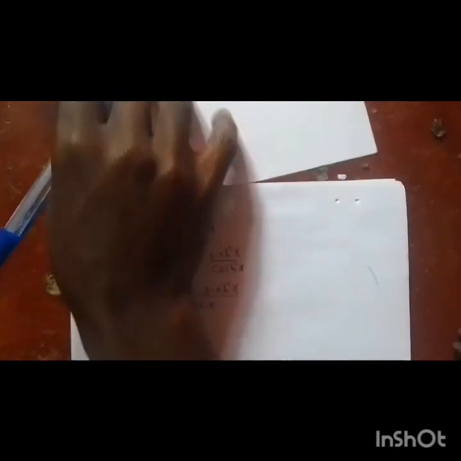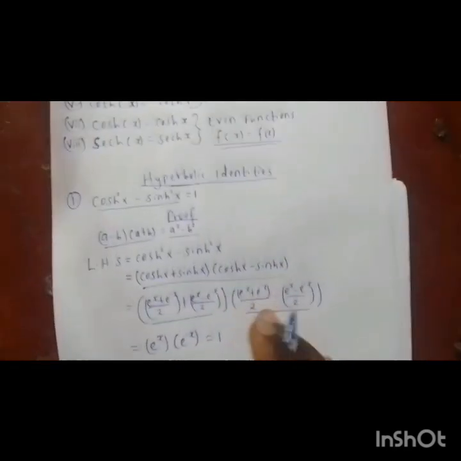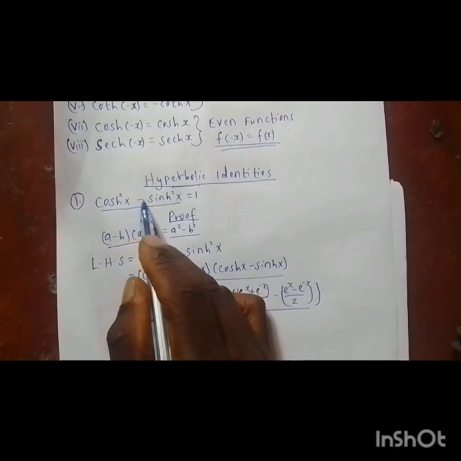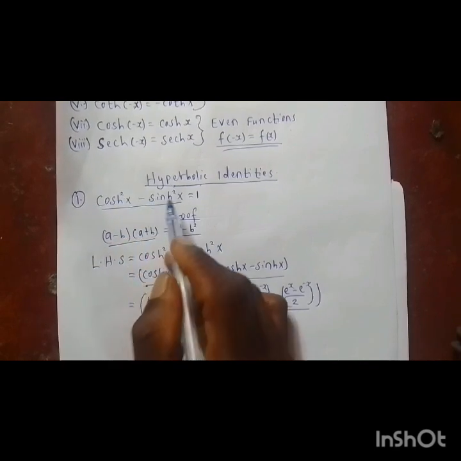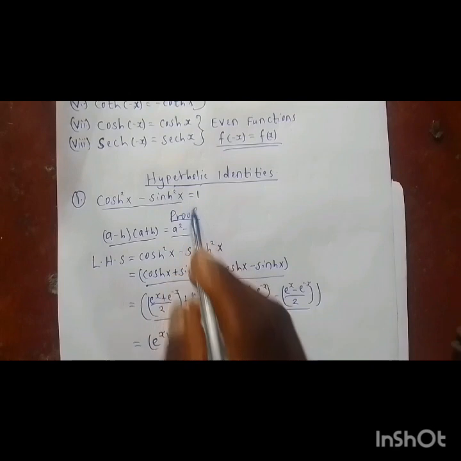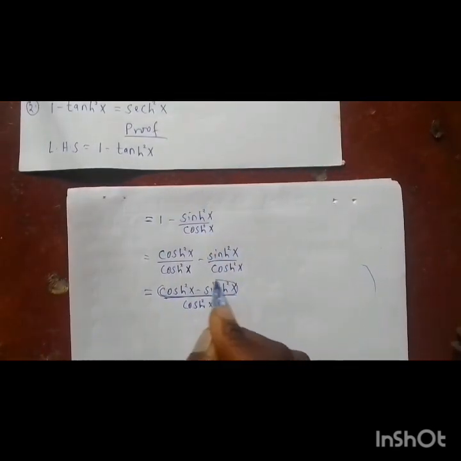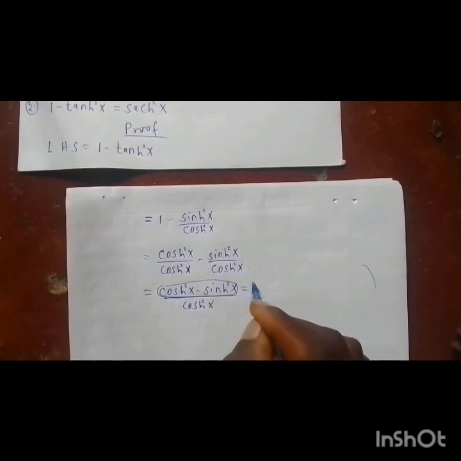So from our first identity, cosh squared x minus sinh squared x equals 1. So this is our numerator, then equals 1.